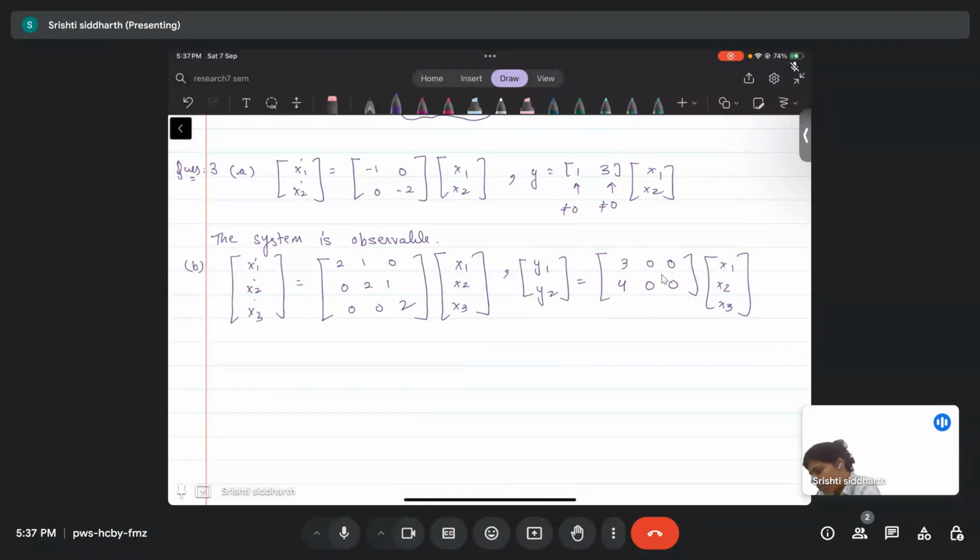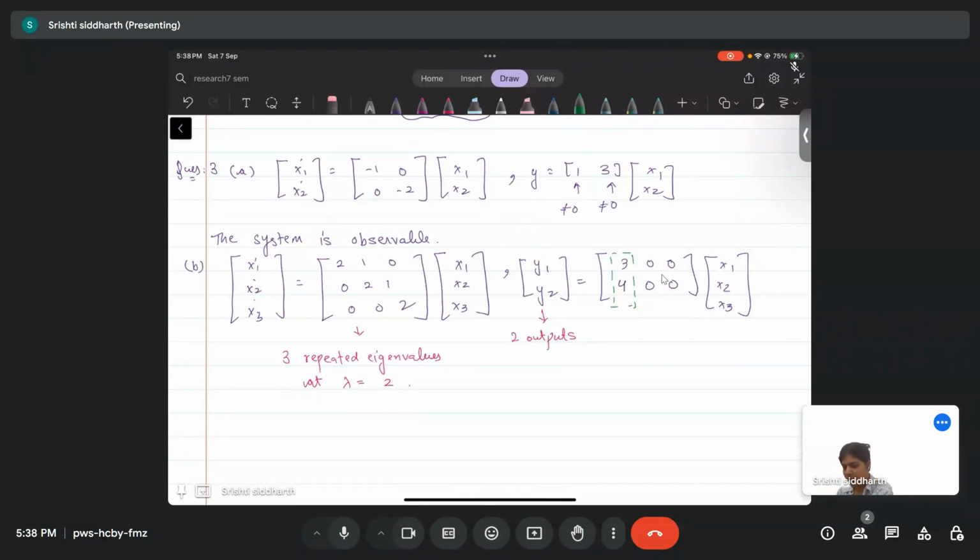Observe that we have 3 repeated eigenvalues located at lambda equals +2, and we have 2 outputs. So we need to observe the first column, and if this is non-zero, then we can comment that the system is observable.